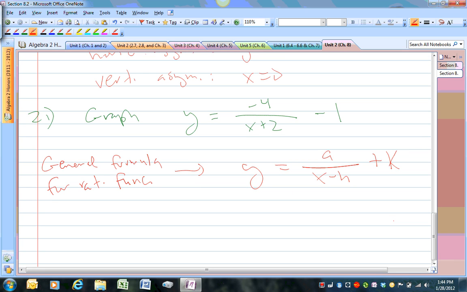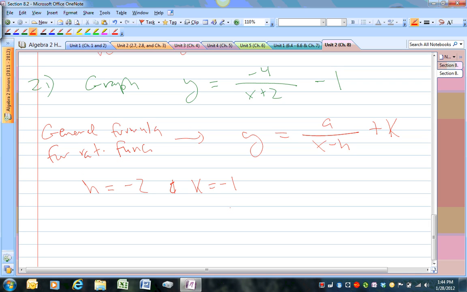So in this case, h equals negative 2 and k equals negative 1. H will always impact your vertical asymptote, because we've got to go 2 left. K will impact the horizontal asymptote. That's because we have to go 1 down.